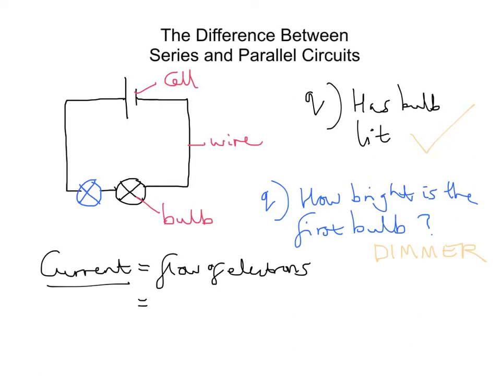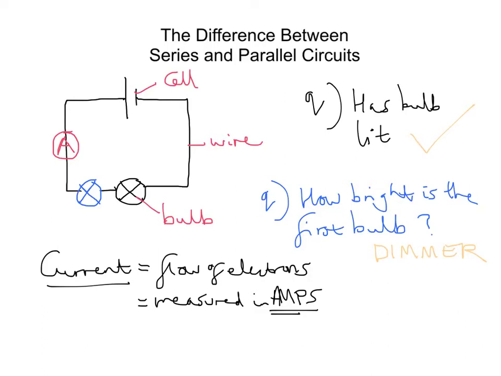And it's measured in amps, A-M-P-S, and we use an ammeter. So we're going to put an ammeter into this circuit above, and an ammeter is written as an A with a circle round it. So we'll just put an ammeter in there.